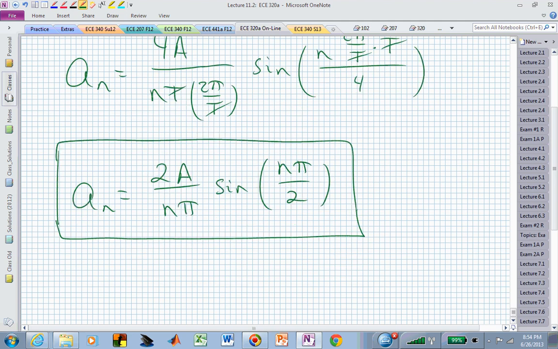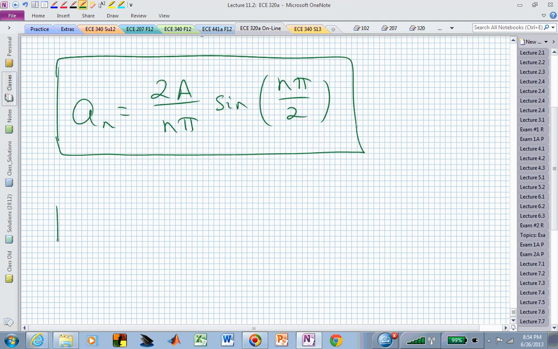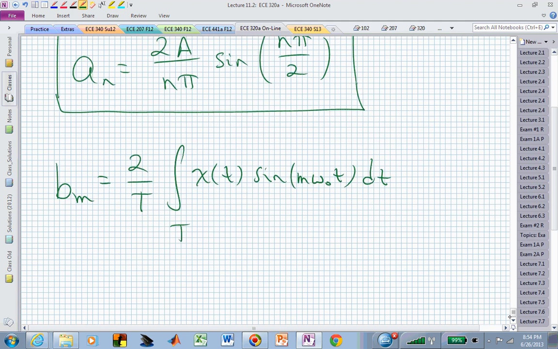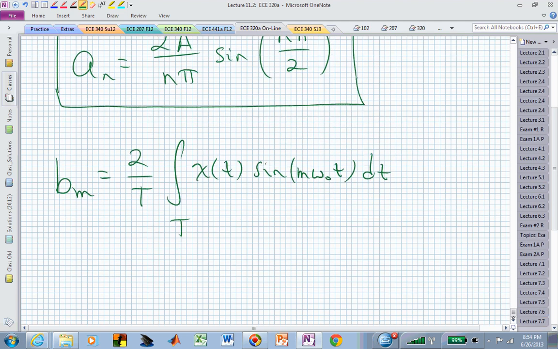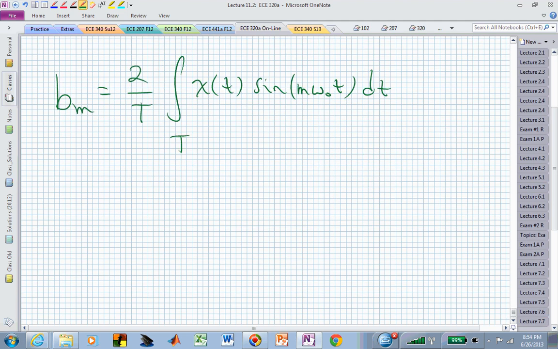What about the b's? I already sort of told you what those are going to be, but if we now look at the formula, we have the b sub n's are 2 over t integral of t x of t sine of n omega naught t. What we're going to be playing with now is the fact that we're multiplying x of t, which is an even function of time, by a sine, which is an odd function of time.